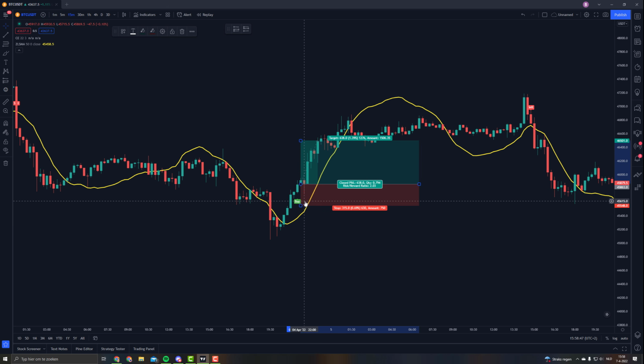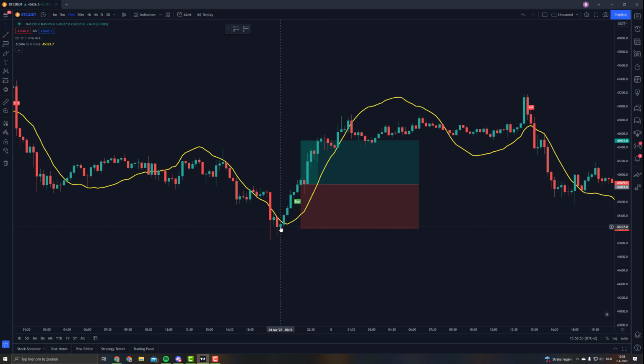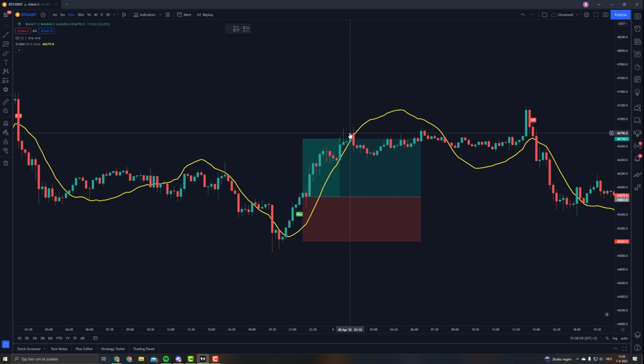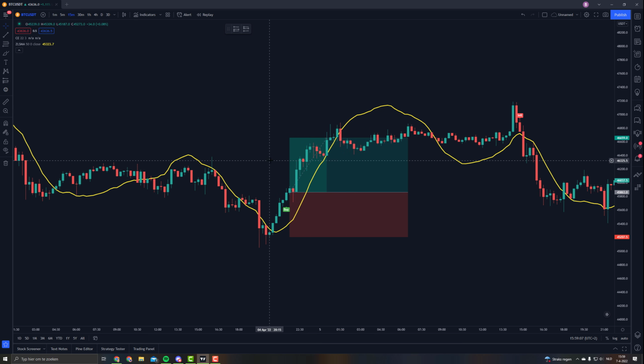What I'm gonna do is I'll go just underneath the last swing low. I'll take the swing low of the candle and not the wick. And I'll get out when the price goes through the yellow line again, or if we get a sell signal. So these are our exit positions.